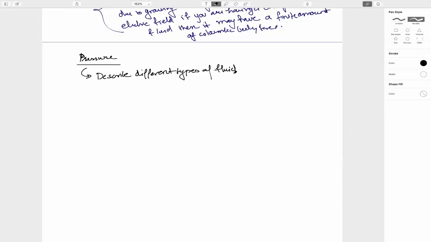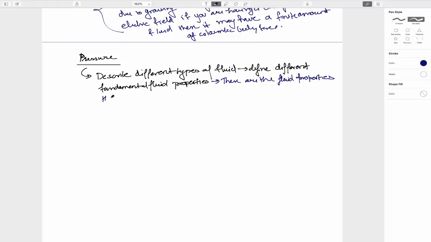To describe different types of fluid, I need to define fundamental fluid properties, because these properties describe the type of fluid, for example whether the fluid is compressible or incompressible.